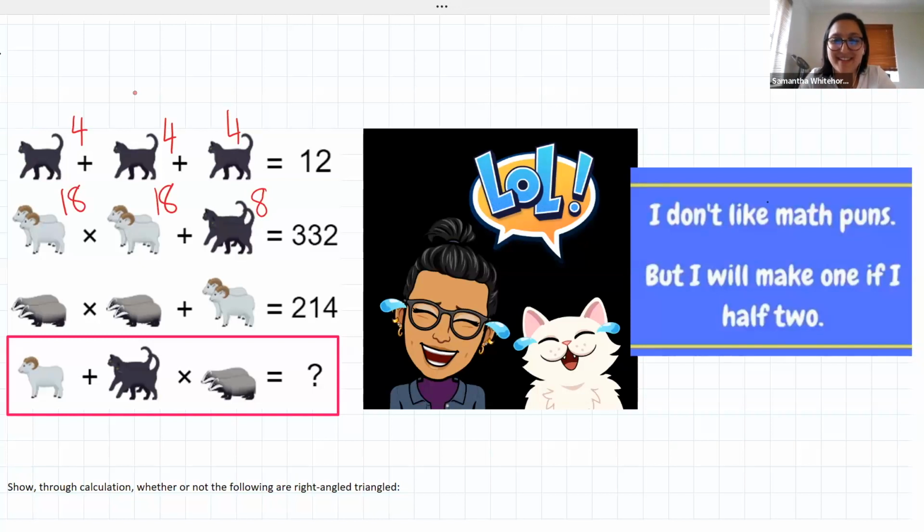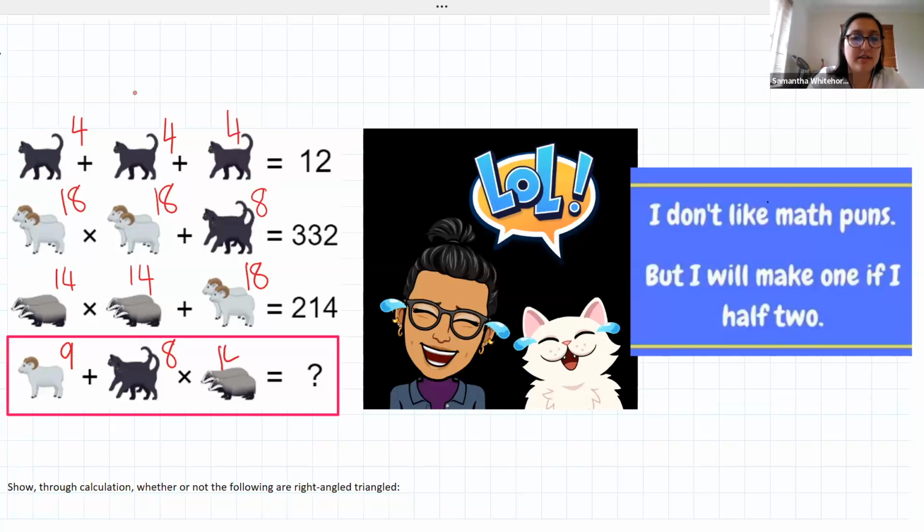Then I said 214 minus 18, which gave me 196. Then I said 14 times 14, which gave me 196 plus 18, which gave me 214. Then I said 18 times 14 plus 9, which gave me 121.